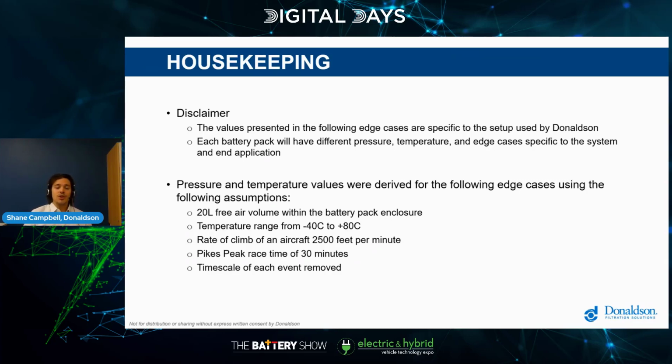Some of the assumptions that we're using here is 20 liters of free air volume within the battery pack enclosure, a temperature range between -40 and 80 degrees Celsius, an aircraft climb rate of 2,500 feet per minute, a Pikes Peak race time of 30 minutes, and timescale for all these events have been removed, but instead we're going to look at temperature and pressure.